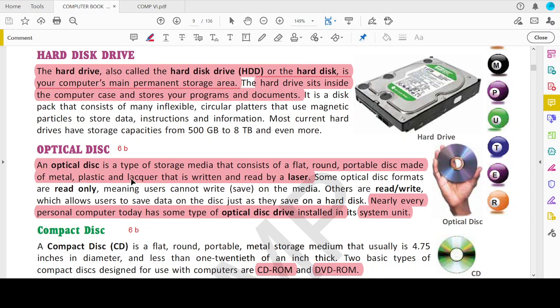An optical disc is a type of storage media that consists of flat, round, portable discs made of metal, plastic, software that is written and read by a laser. Okay?